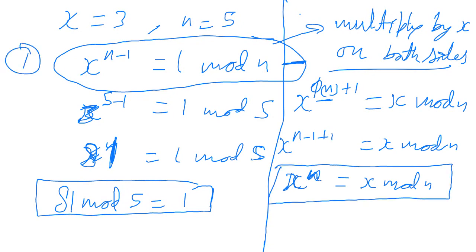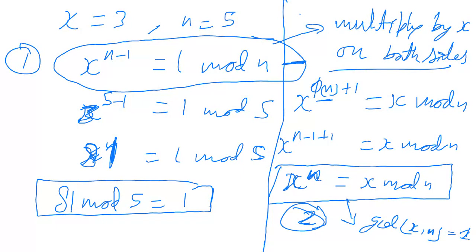So these two results, result 1 and result 2, both can be considered as statements for Fermat's theorem, but provided in this case the gcd of x and n must be equal to 1. That is, they must be co-primes to each other. X and n must be co-primes to each other. First thing.